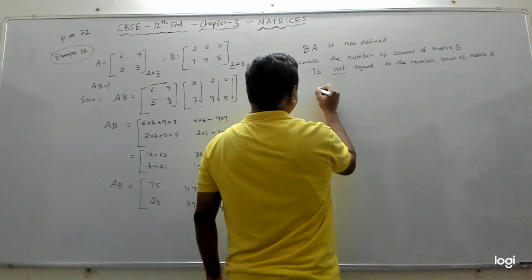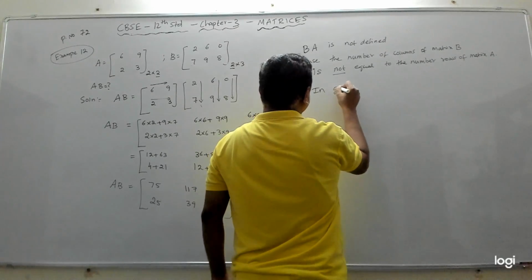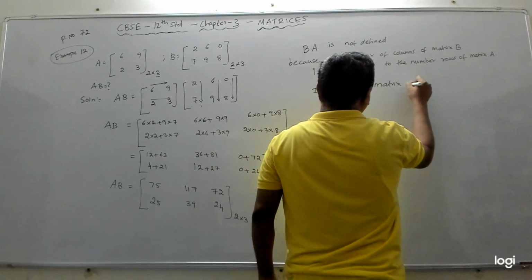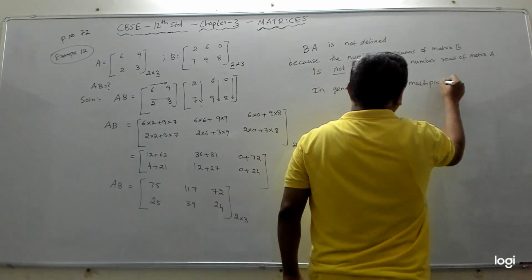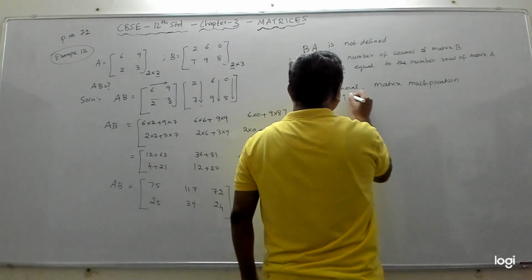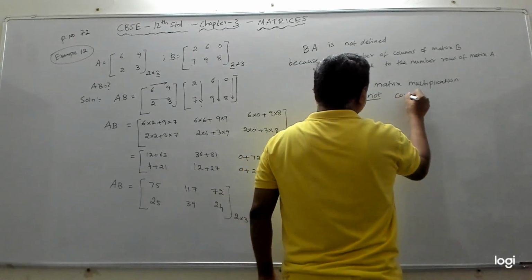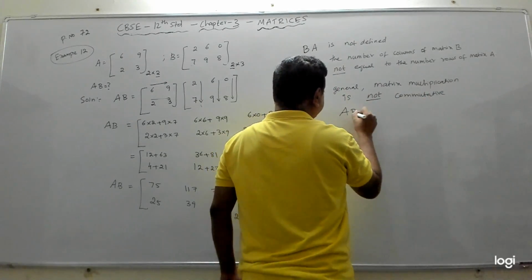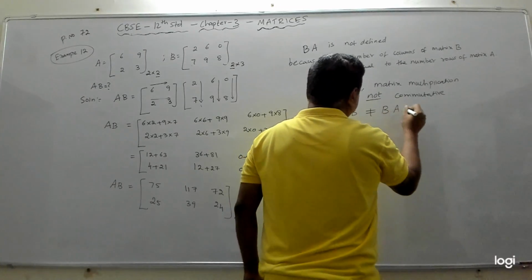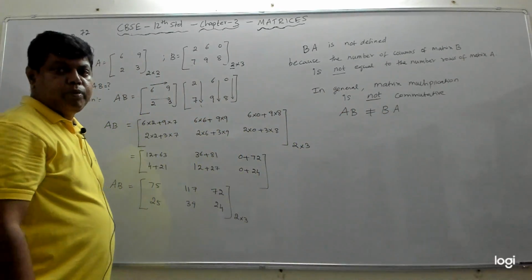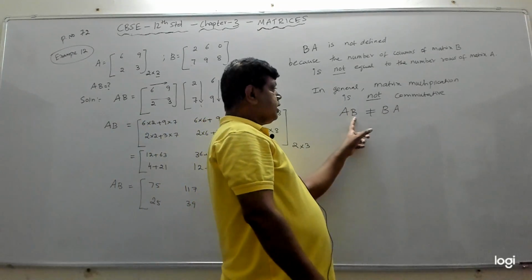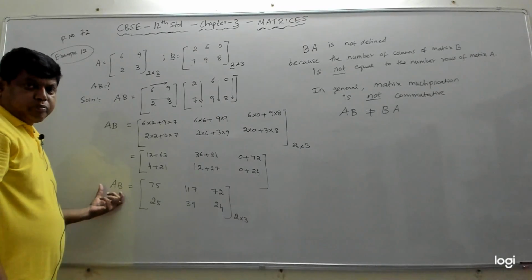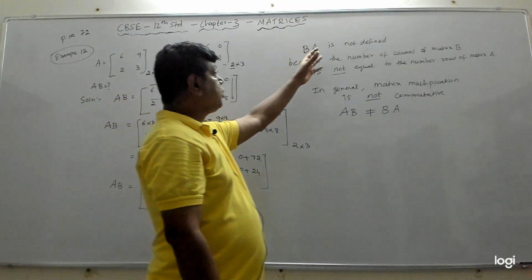So in general, matrix multiplication is not commutative, which means if I do A into B, it need not be equal to B into A. For example, here we did A into B and could find a matrix, but B into A we could not even define.